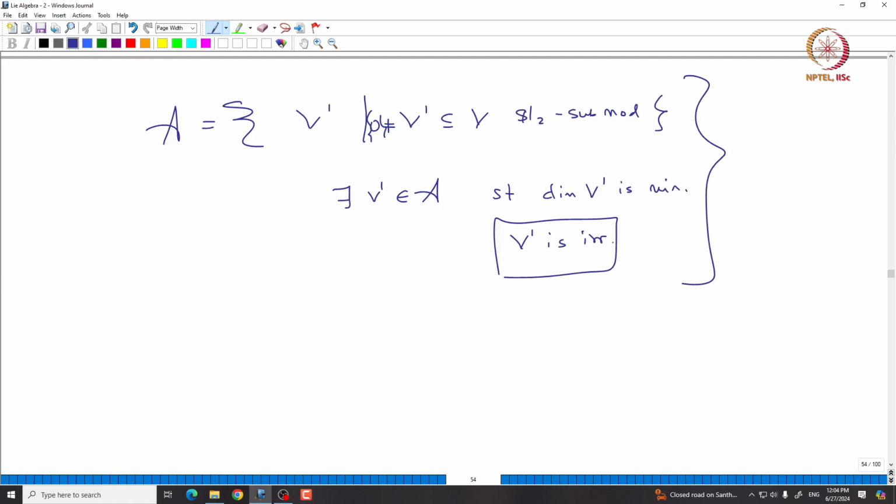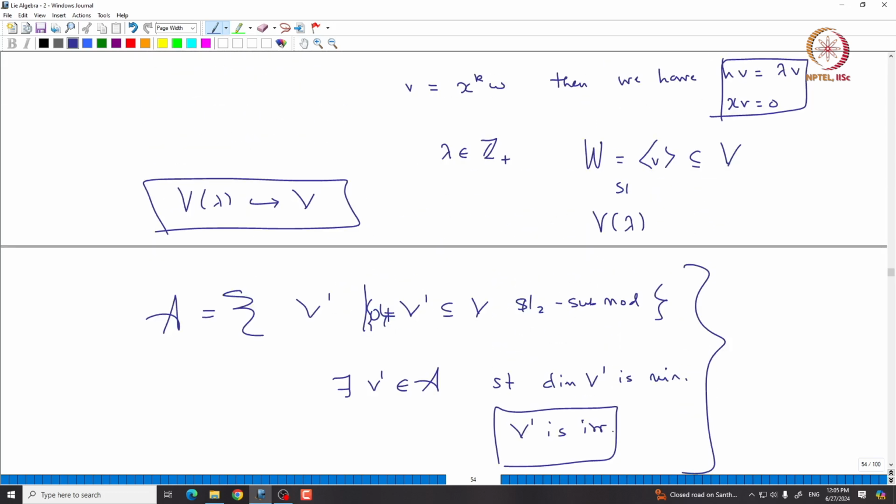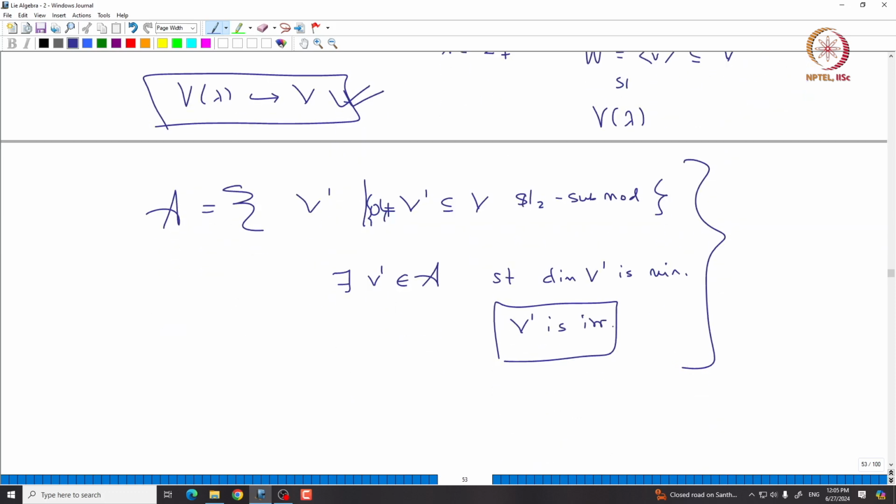Okay. Now, given that any finite dimensional irreducible representation is isomorphic to V of m for some m inside Z plus, we can actually get this same statement using this general discussion as well. Okay. So, these observations will help us to understand more about representations of sl2.